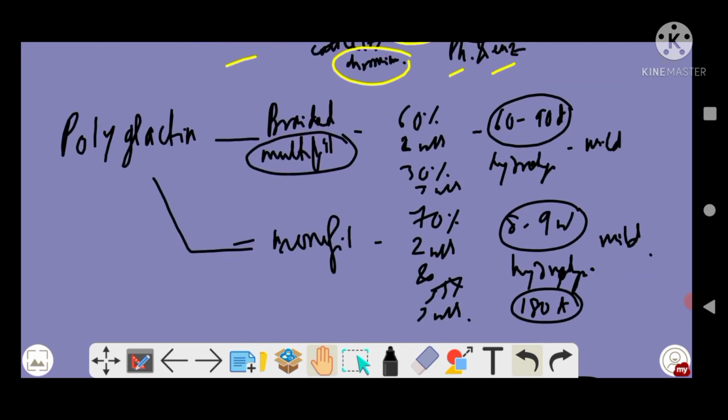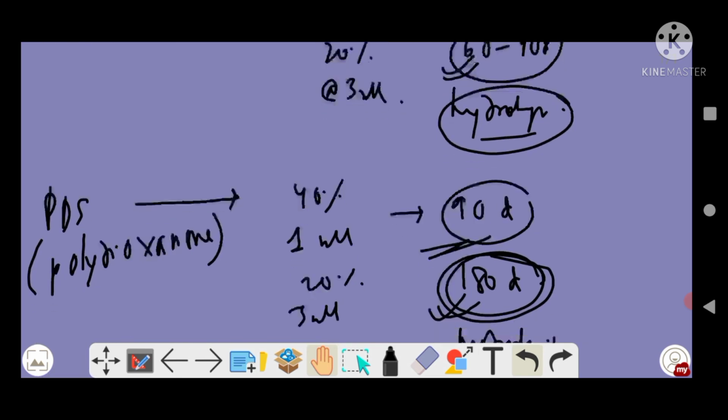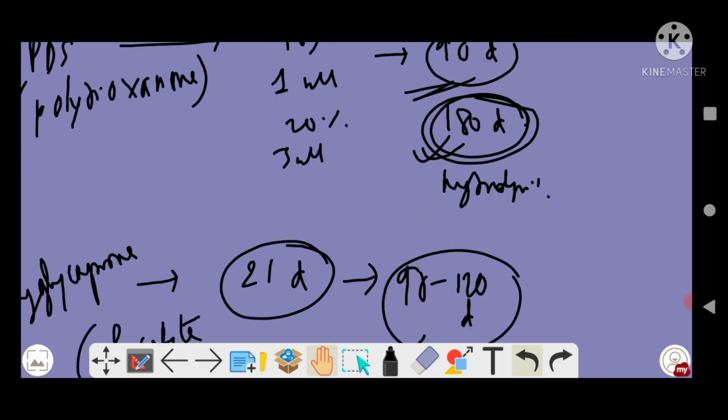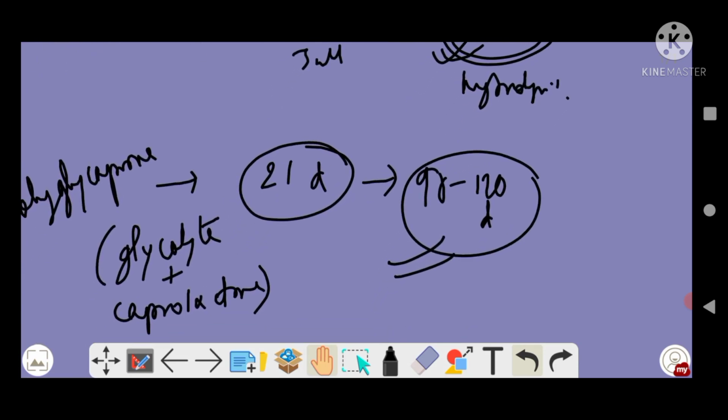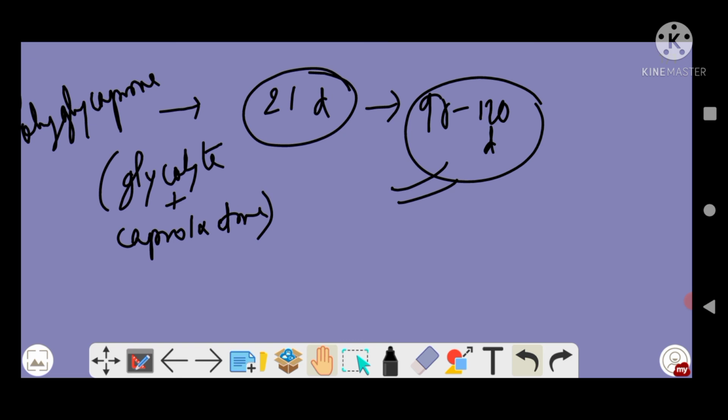For polyglactin, the absorption is almost 90 days by hydrolysis for the multifilament type, and for monofilament it's almost 180 days by hydrolysis. Polyglycolic acid maximum 60 to 90 days absorption time by hydrolysis. For PDS it is 180 days by hydrolysis. For polyglecaprone it's 90 to 120 days. Okay, so this is about your absorbable suture materials. Next we will discuss non-absorbable suture materials.